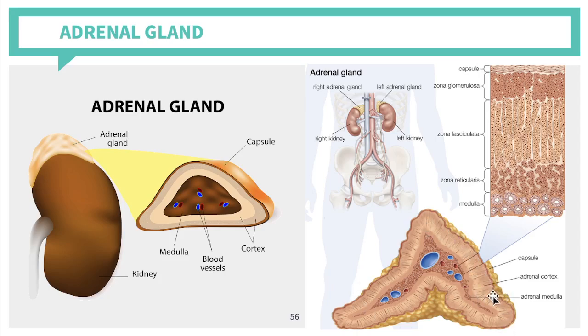Your cortex is subdivided into 3 layers. You have the upper portion, zona glomerulosa, followed by your zona fasciculata, and lastly, your zona reticularis.